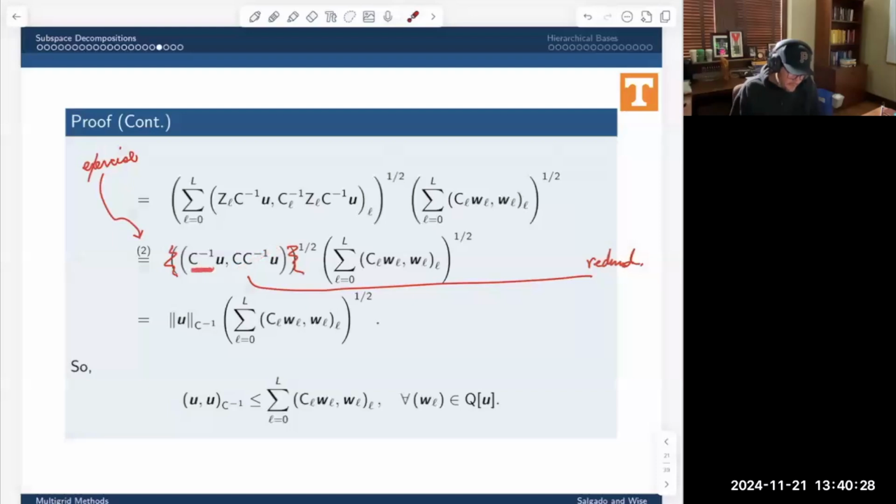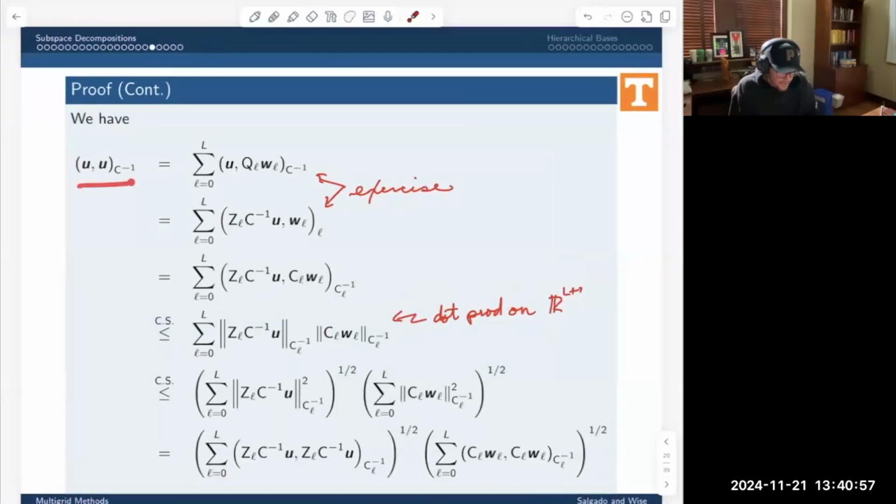And then I just have C inverse U in the R^n inner product. So that's just another way of saying I have a square root, right? So this becomes the C inverse inner product, but with a square root, that's just the C inverse norm of U. That's because the same object appears on the right and the left-hand side. Nothing changes here. Now, the thing I started with in this last calculation was this, but that's just the norm of U in the C inverse metric squared.